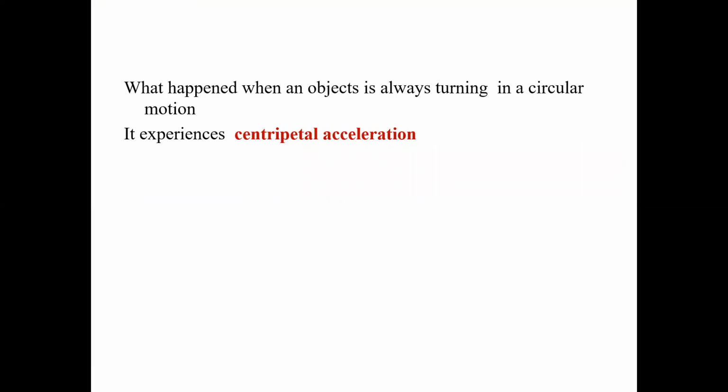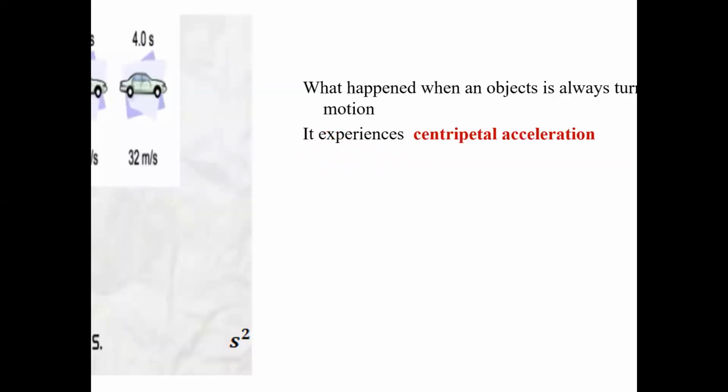Look at here, the centripetal acceleration could be in a multiple choice question, giving this title and asking to choose the correct acceleration. Could be giving positive acceleration, negative acceleration, centripetal acceleration. So a moving object in a circular motion has centripetal acceleration.